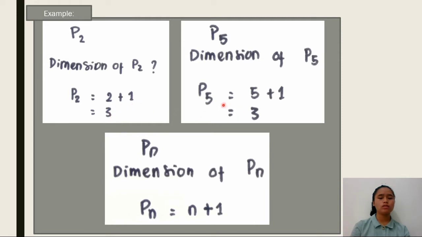And the dimension of P5 is 5 plus 1, which is 6, not 3. And the dimension of Pn is n plus 1.